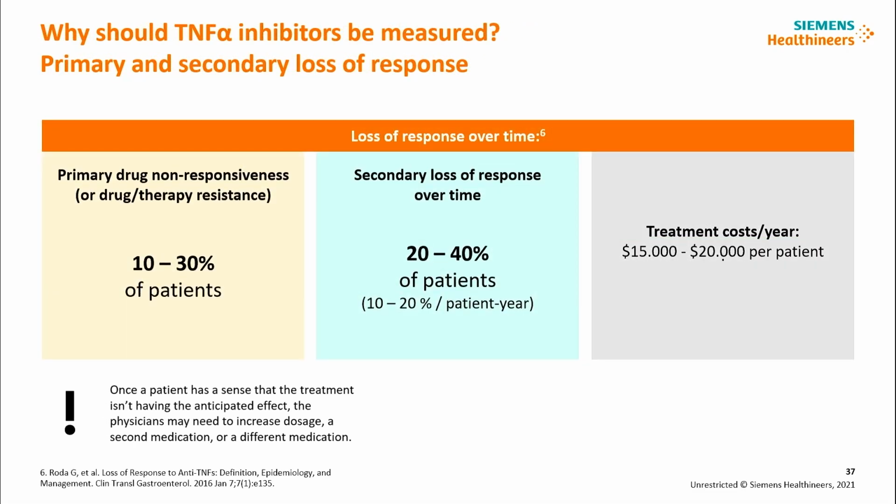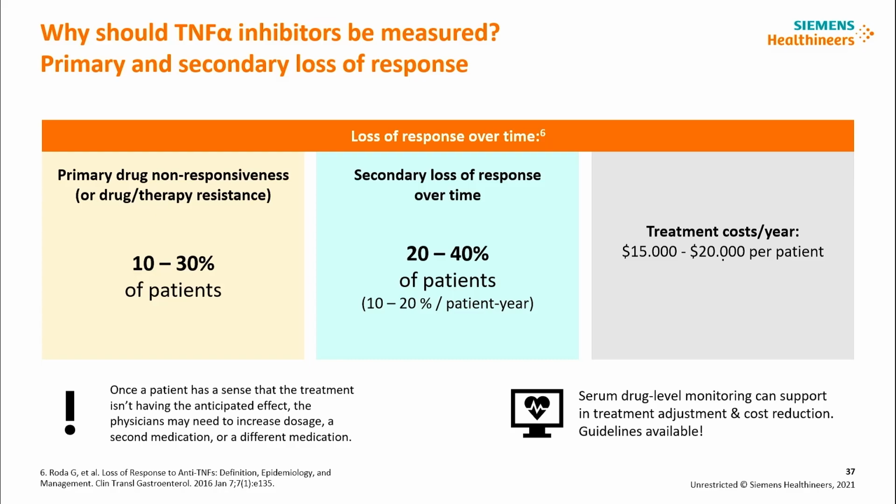Why is this important? Because they found that 10 to 30% of patients have primary resistance to the drug. So when the physician requests the drug and the patient is not responding to the treatment, the symptoms become more severe. They also found that 20 to 40% of patients develop secondary resistance to the treatment.